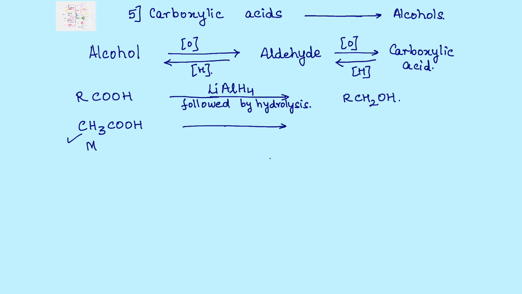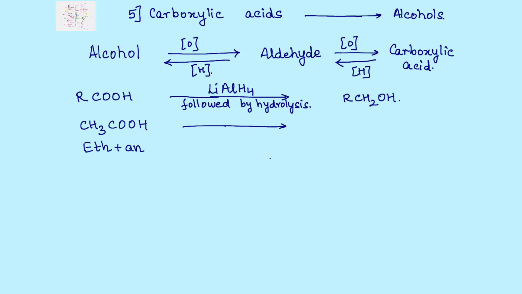Did you name it as methanoic acid? If you've named it as methanoic acid, thinking that there is a CH3 group over here, rethink. You need to rethink. Look at the number of carbon atoms and then tell me what will be the IUPAC name of this compound. Yes, you got it right. There are 2 carbon atoms in this. So CH3COOH. Because of the 2 carbon atoms, it takes the word root eth.